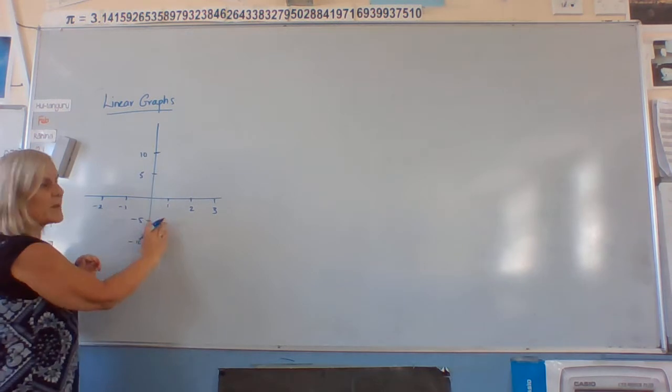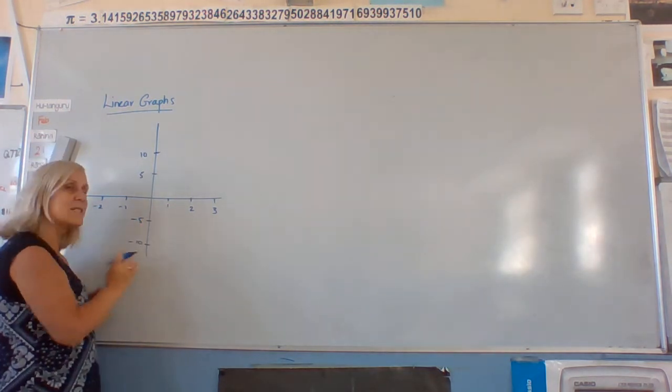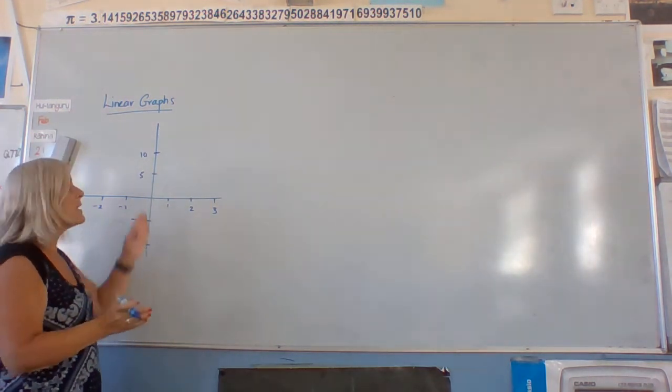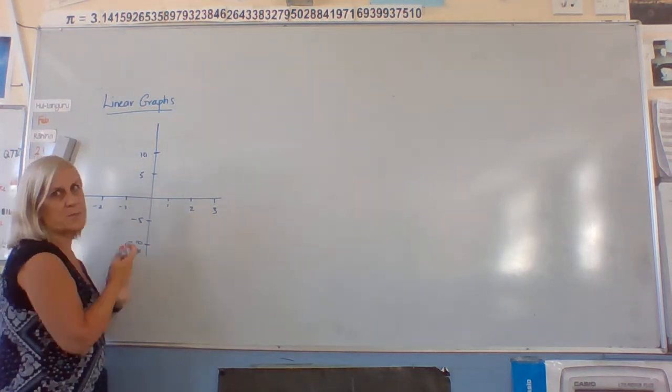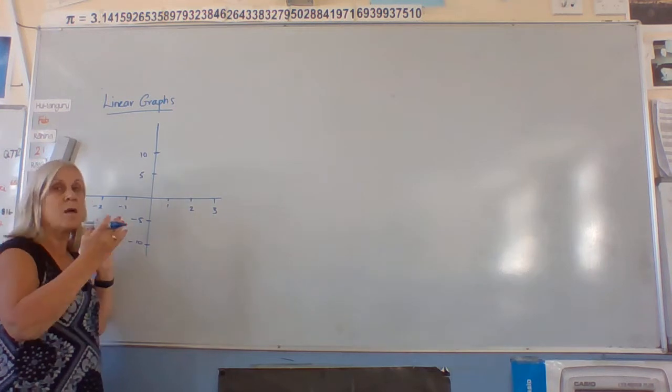So you can see that I've made these ones 1 and these ones 5. That's absolutely okay, as long as these ones always remain in gaps of 5 and these ones always remain in gaps of 2.